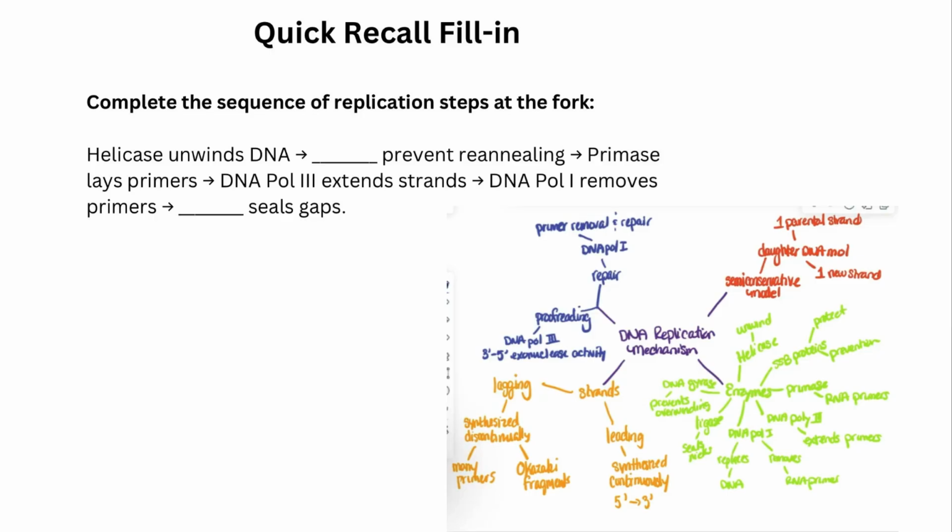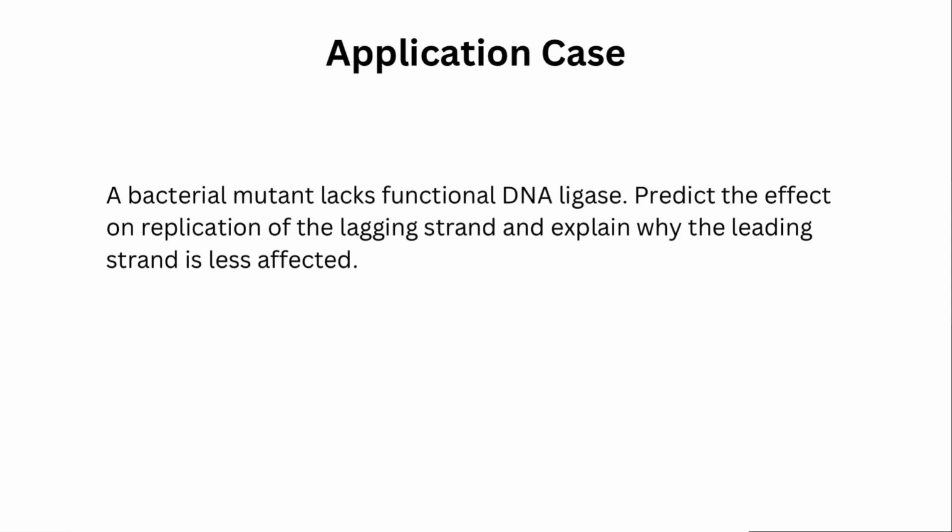Then DNA polymerase 1 removes the primers. And then blank seals the gaps. So you're responsible for filling in those blanks. And then you can put your answers in the chat.